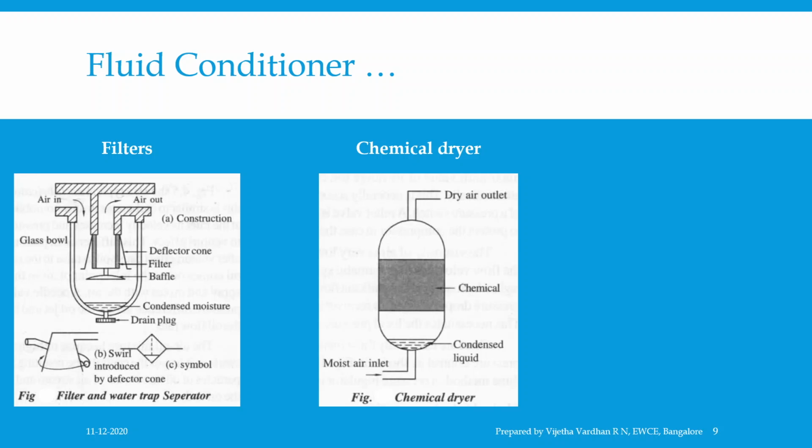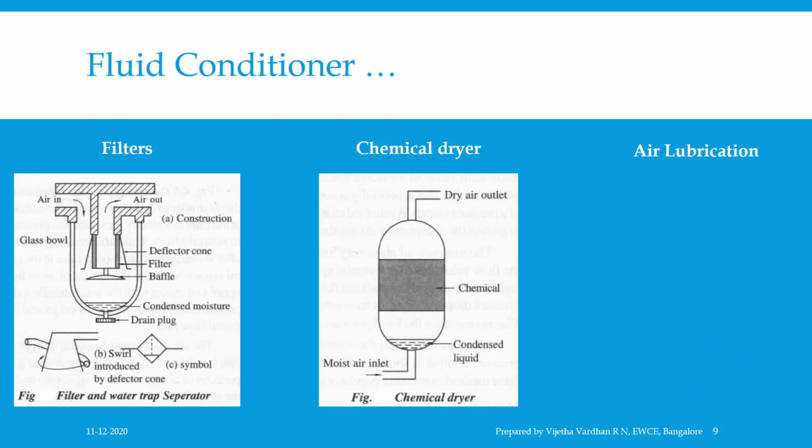The chemical agent absorbs moisture and slowly forms a liquid which collects at the bottom of the unit. The chemical material needs to be replaced at regular intervals to maintain its efficiency. Chemical dryers are referred to as desiccant dryers or absorption dryers.